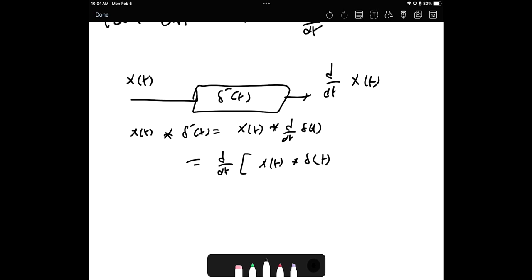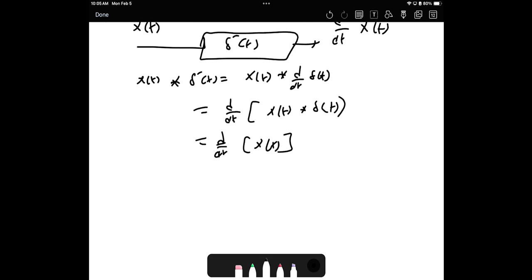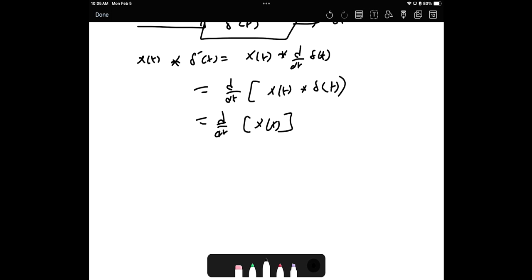That's the derivative property. Then d by dt of x of t convolved with delta of t is x of t according to the properties. That's how we get it.